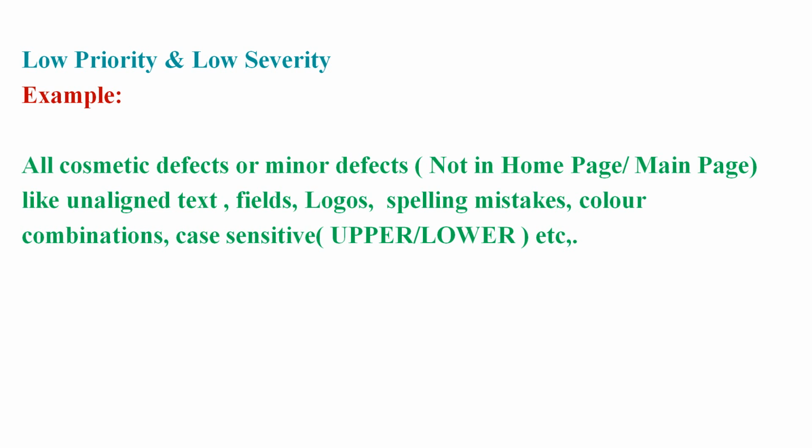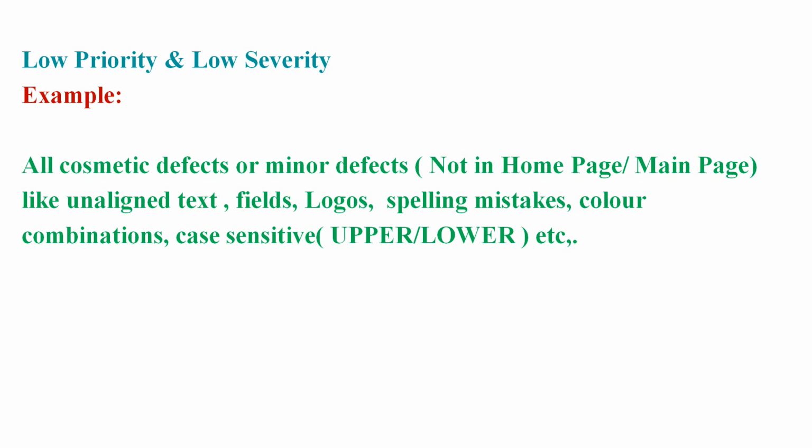So, under case sensitives, for example, in some area the text should be displayed in the uppercase. Instead of displaying in the uppercase, it is displaying in the lowercase. Or in some area, the text has to be displayed in the lowercase. Instead of displaying in the lowercase, it is displaying in the uppercase, like this. So these cosmetic defects are the minor defects.